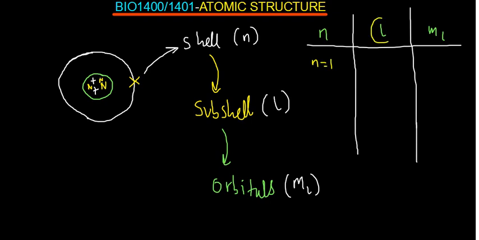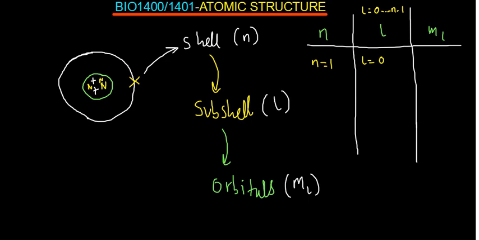How do you find L? L is given by from 0 up to N minus 1. So when N is equal to 1, L is going to be 0 up to N minus 1. Now N is 1, right? 1 minus 1 will be 0. So that's just 0, meaning that your L will only be 0.